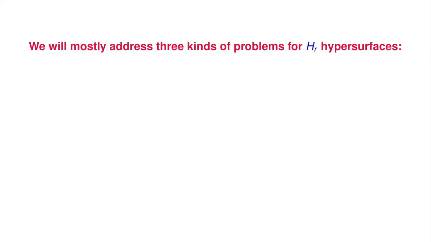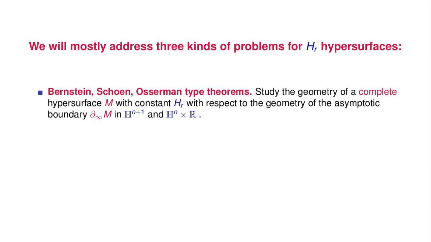What we are going to do, if we have time, is deal with three kinds of problems. The first one is a Bernstein, Chern, and Osserman type theorem. That is, study the geometry of a complete hypersurface with constant H_R with respect to the geometry of the asymptotic boundary of this hypersurface.